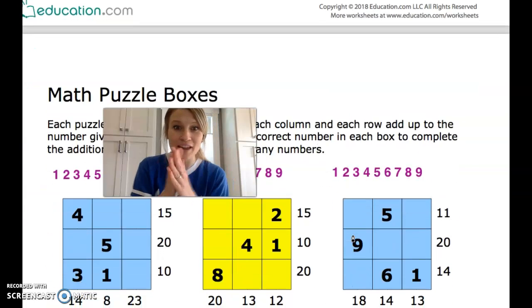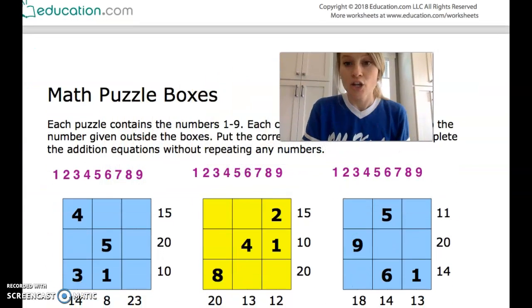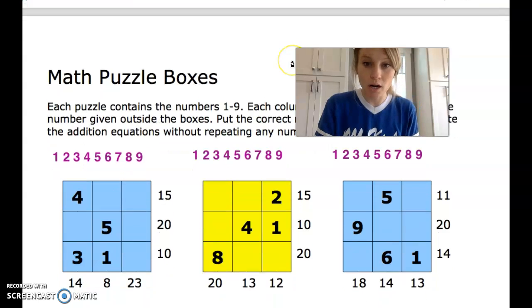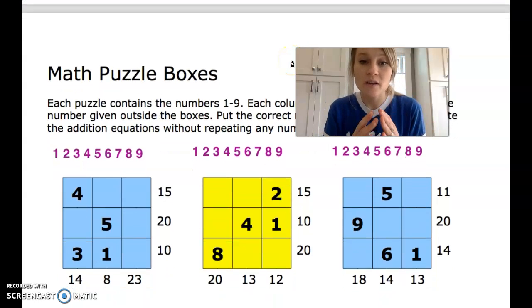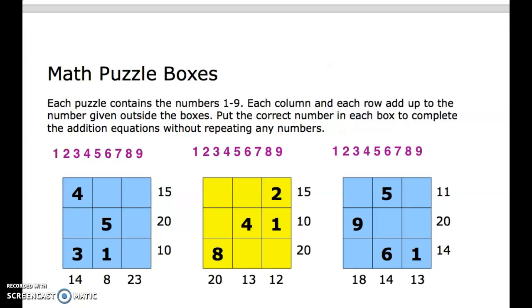And then these are my favorite, math puzzle boxes. So here's how these puzzle boxes work. You have to use every number 1 through 9 in this box. Now, here's the rule though. Each column, so columns go this way, and each row, rows go this way, have to add up to the number given on the outside.